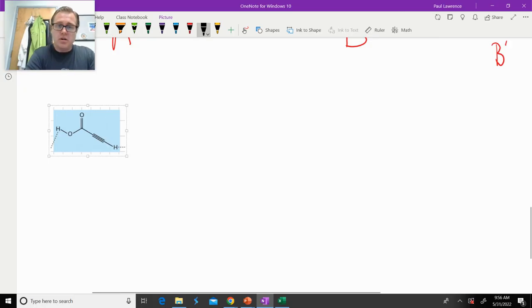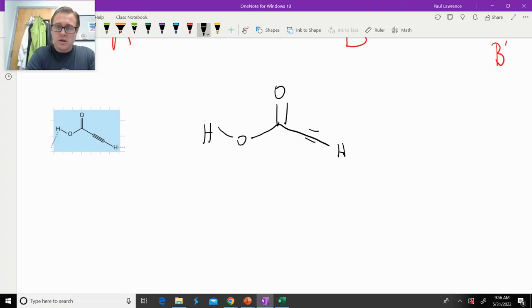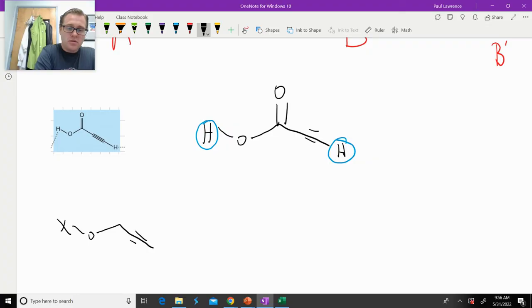So if I draw this molecule out, there it is. So the replacement test says, well, hey, we are asking the question, what is the relationship between those two? So we draw out the molecule, but replace one of the hydrogens with an X. So we'll replace that one first. Okay.